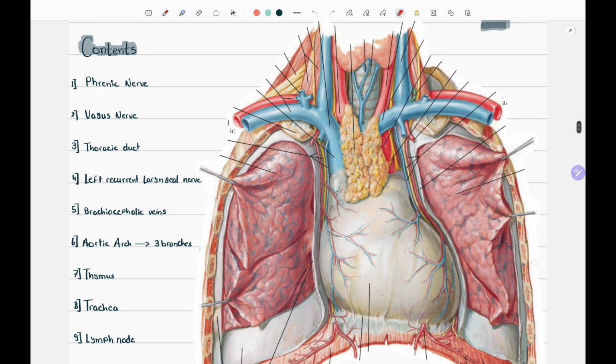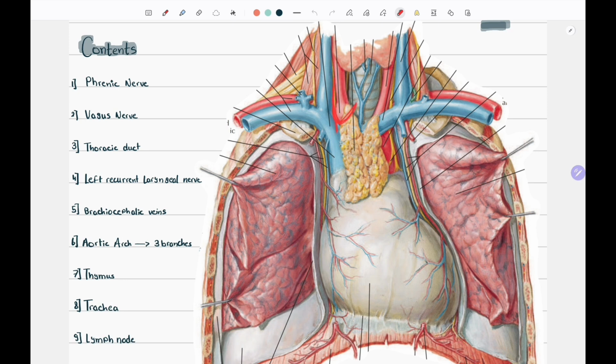Left recurrent laryngeal nerve, as I've told you, is a branch of the vagus nerve. So why only left recurrent? Why not right? The right recurrent laryngeal nerve, which is also a branch of the vagus nerve, turns upward from here.